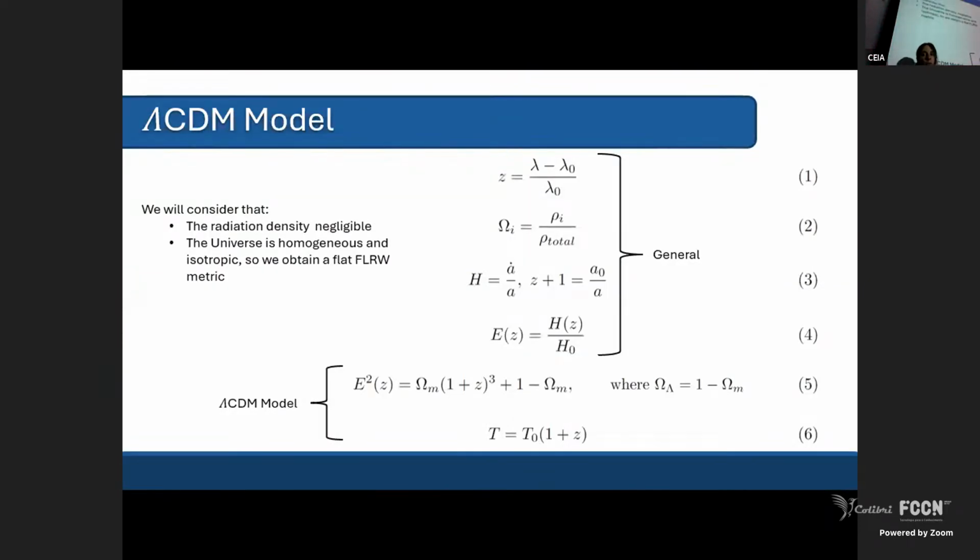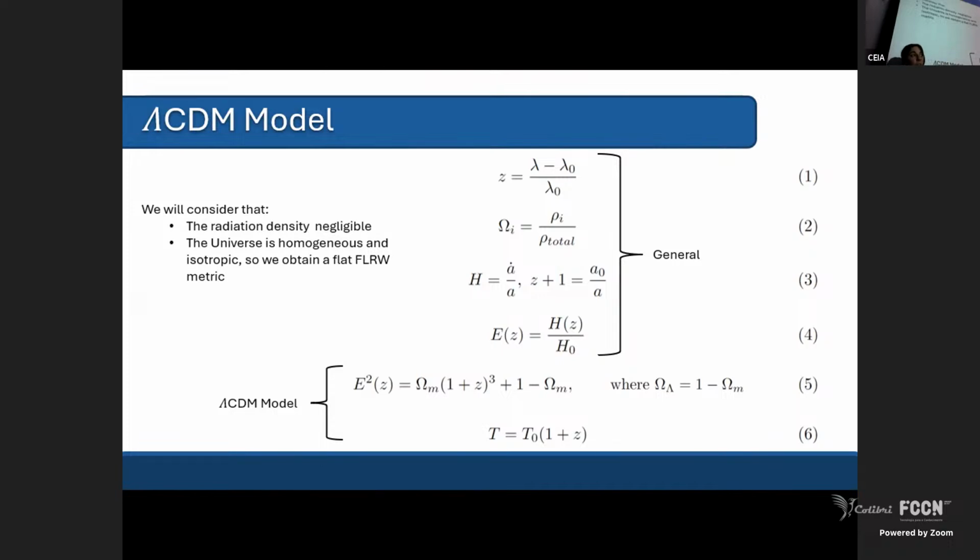First, a note about redshift. We all know that stars that are far away emit a certain light. If we know enough about a star, you know what light it's supposed to emit, if it has helium, hydrogen, something like that.